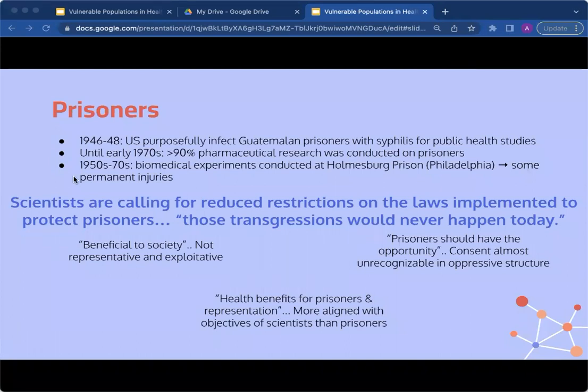Since these studies, laws have been passed to protect these populations from being exploited for research. However, today some scientists are calling for reduced restrictions on studies involving prisoners, claiming that the stringent behaviors and daunting regulatory requirements are an overcorrection of historical practices and that those transgressions would never happen today. These regulations effectively, quote unquote, exclude prisoners from participating in scientific discovery.